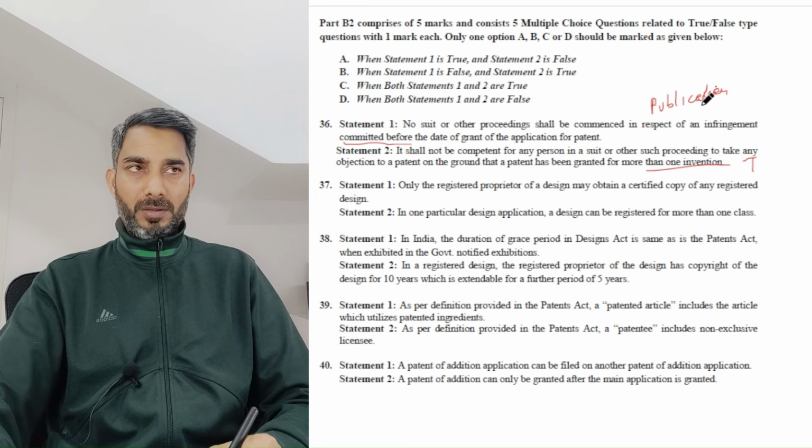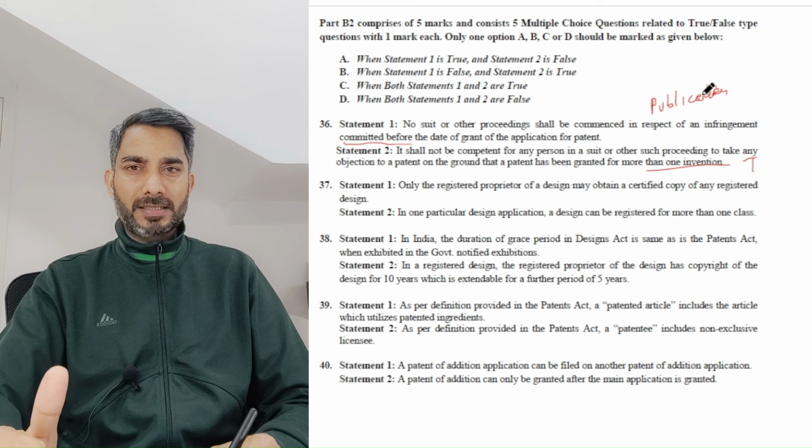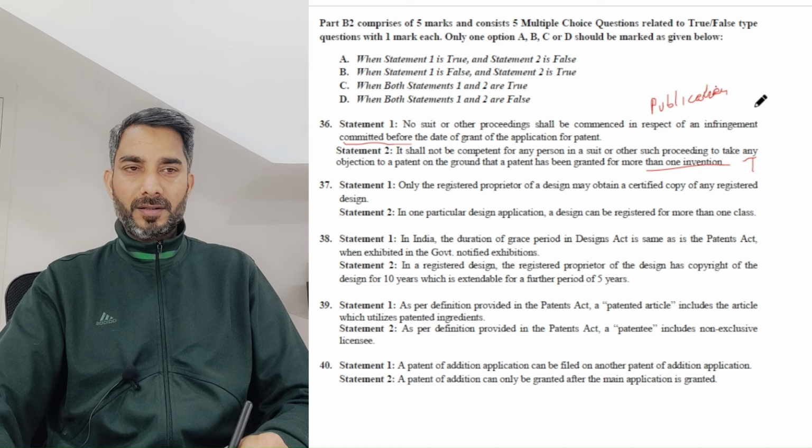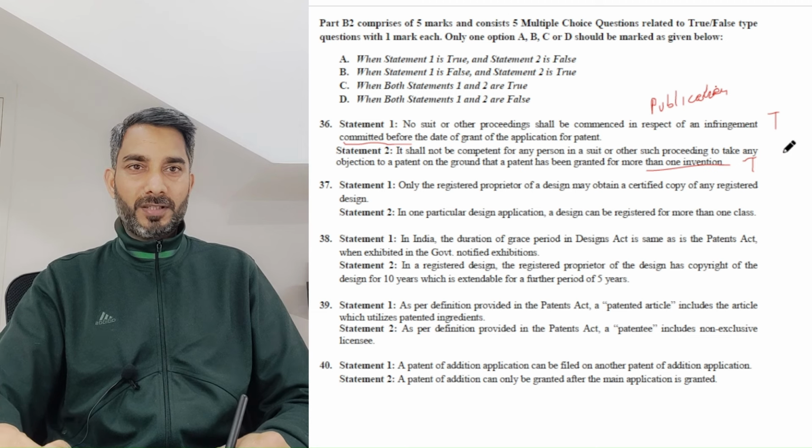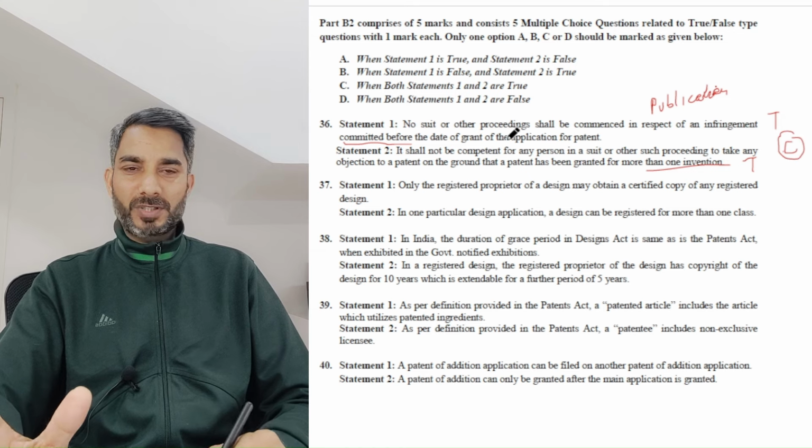Of course, no. But can I claim damages for the infringement that this guy was doing? What if he stops doing as soon as my patent is granted? Then I cannot do anything, right? Okay, so let's put T here. But this is confusing, huh? I am just taking my chance. So in this case, this becomes C, both are true. I'm taking my chance with the first one.